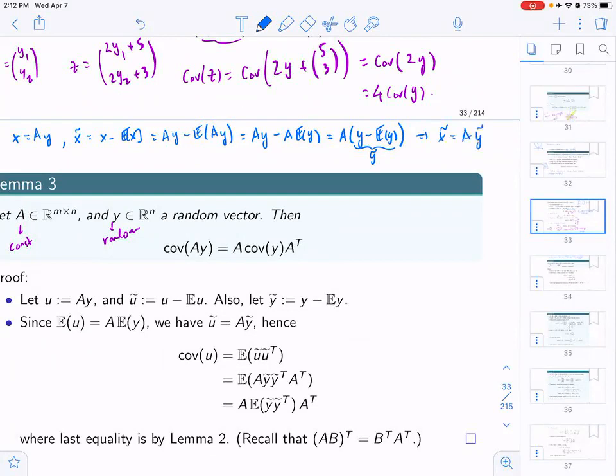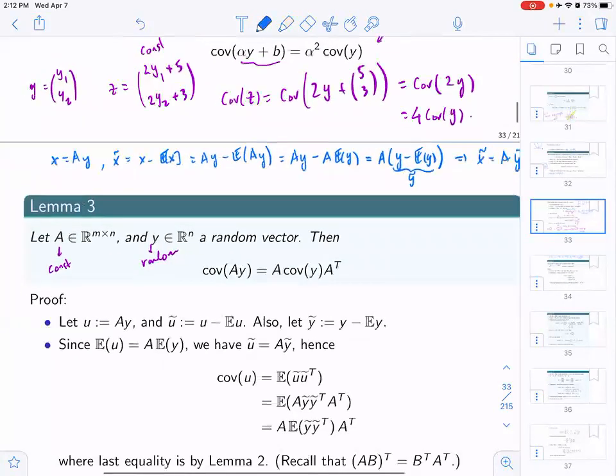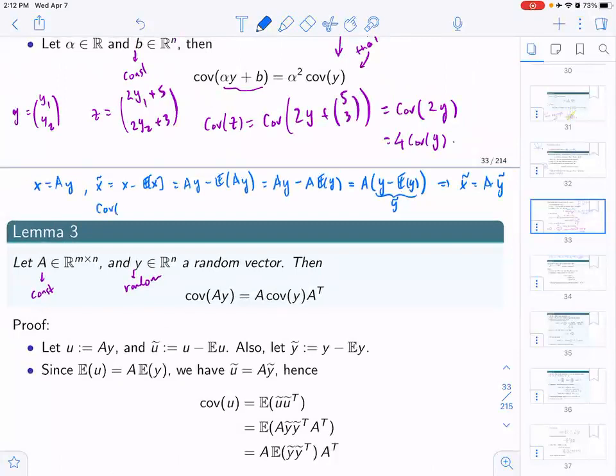So how do you compute the covariance of X? It is the expectation of X tilde times X tilde transpose. Okay. And with X tilde equal to A Y tilde, that is the expectation of A Y tilde times A Y tilde transpose.